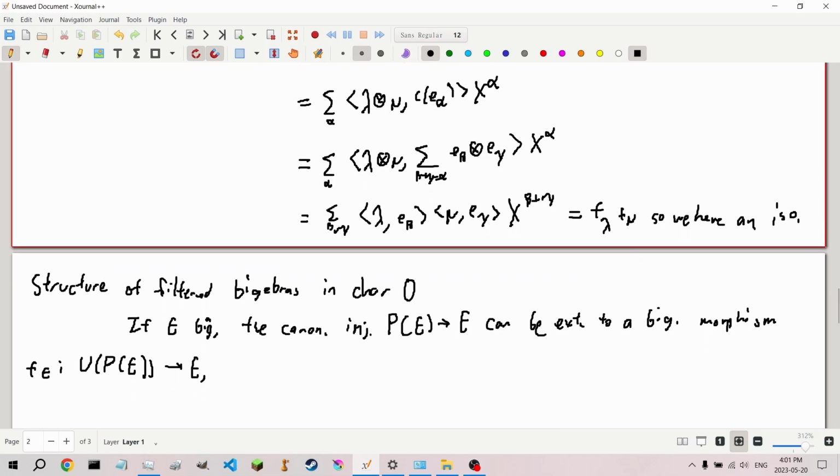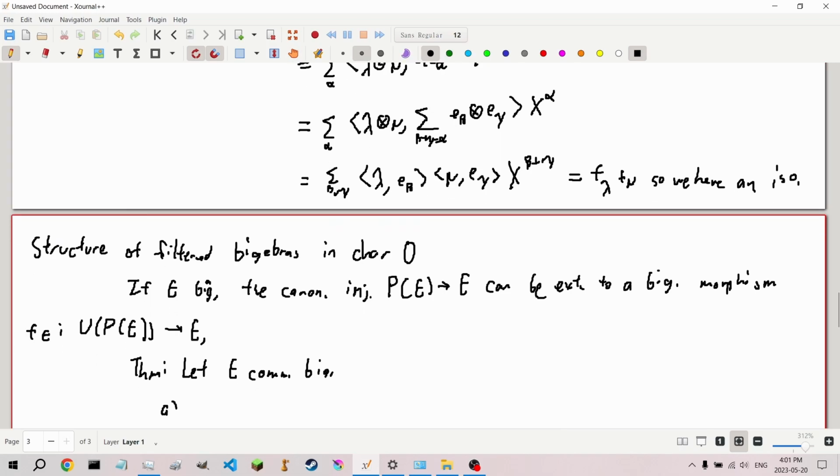So it's off with this theorem. Let E be a commutative bigebra. Part A: the bigebra morphism Fe is injective.